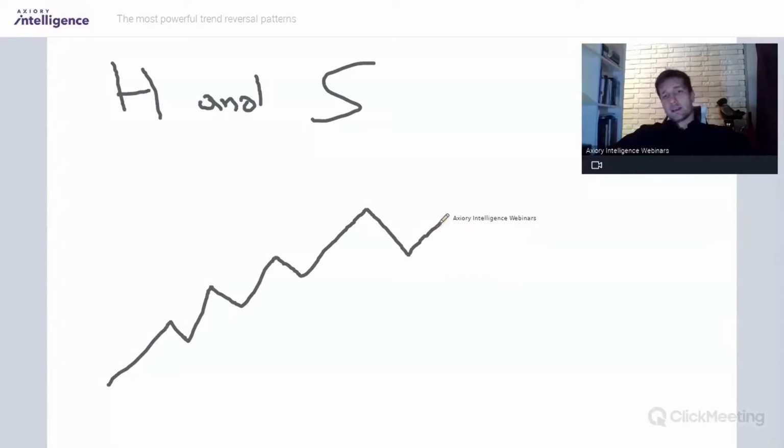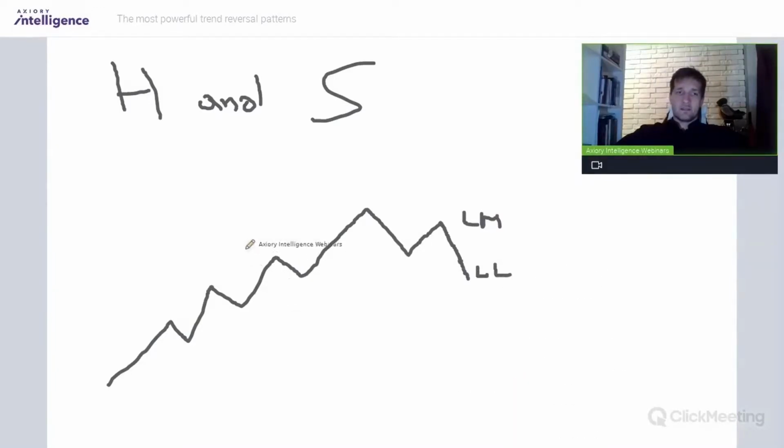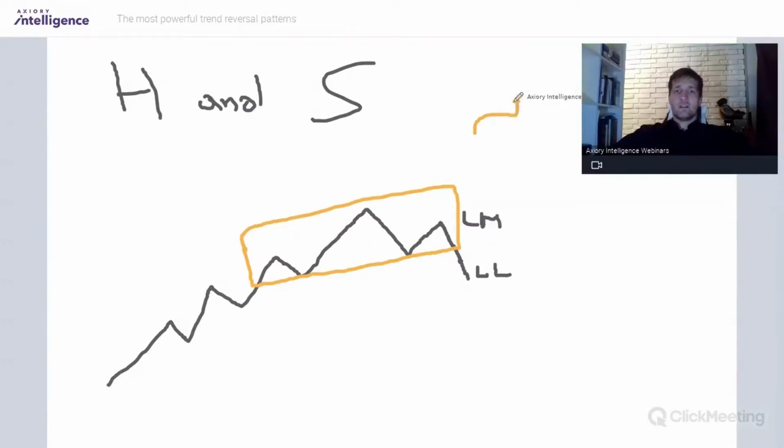Stops making higher highs and stops making higher lows. Makes lower high and lower low. And this, my friends, is a head and shoulder pattern. As you can see, shoulder, head, and a shoulder.